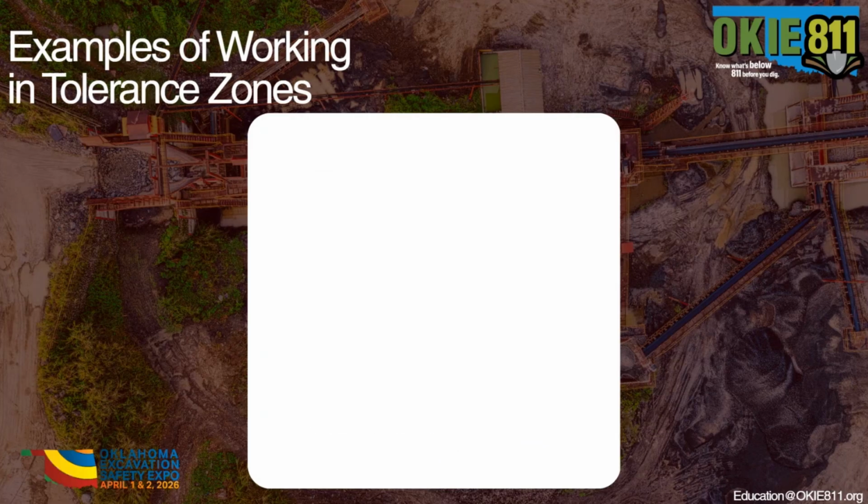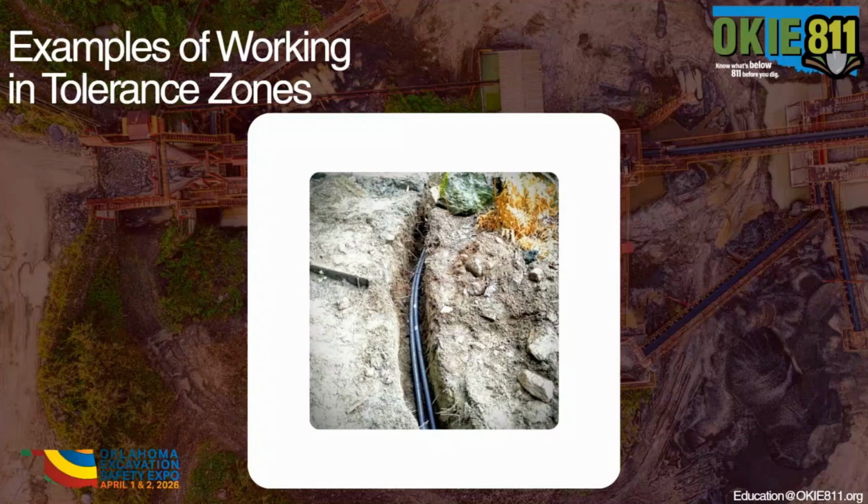And then I have one more here. So you're considering a landscaper. There was a landscaper that was using hand tools in the tolerance zone, looking to install an irrigation system. And he found that the electric line was about 20 feet.